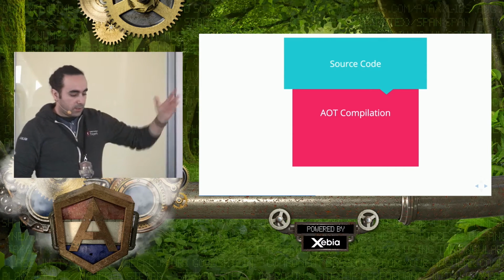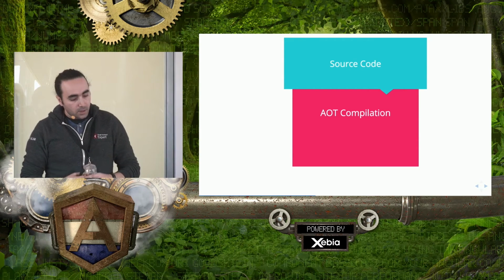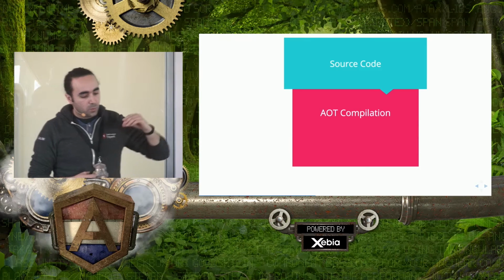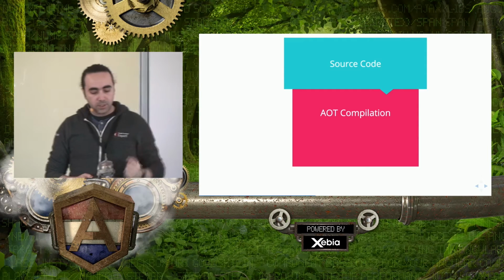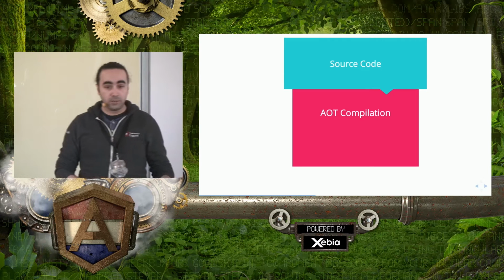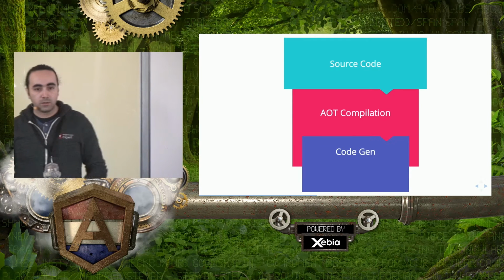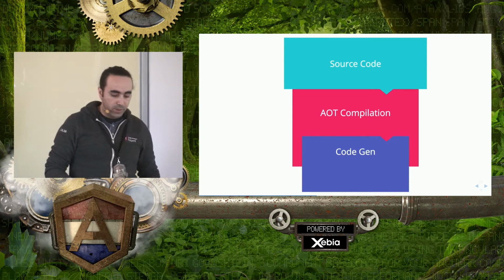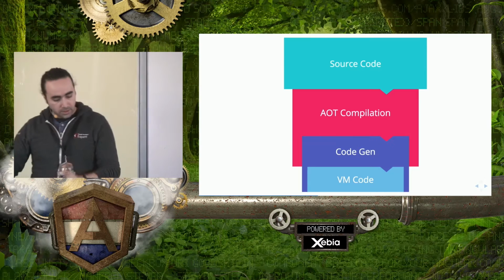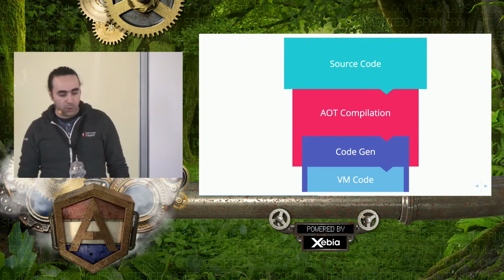So if you take the same diagram as before, as for JIT, so for AOT, we start from the same HTML code, which gets compiled this time by the AOT compiler. We also, of course, have the same code that is generated by this compiler. And at the end, we have the same JavaScript V8 friendly code.